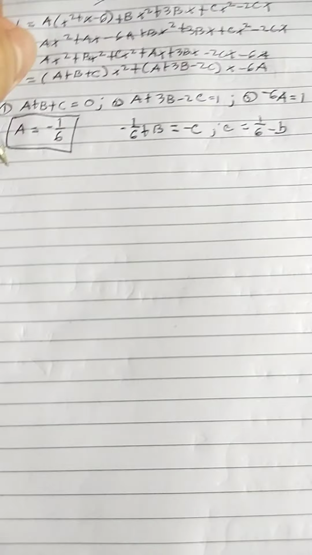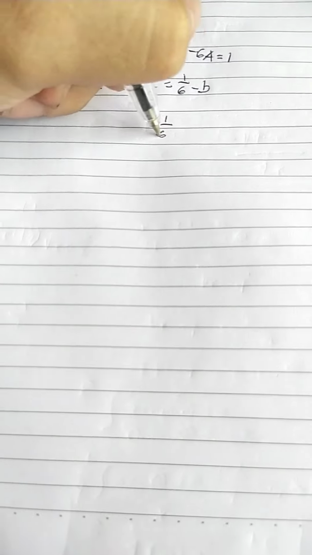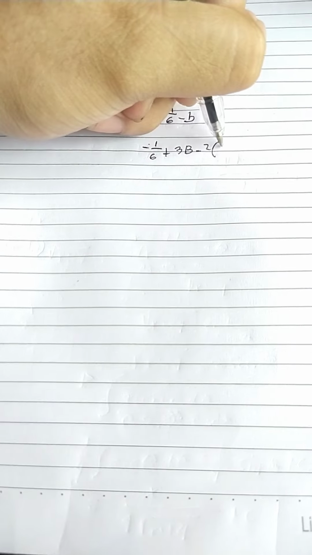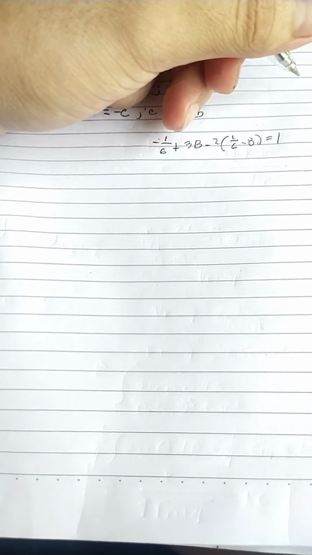So we have negative 1 over 6 plus 3b minus 2 times the quantity of 1 over 6 minus b equal to 1.